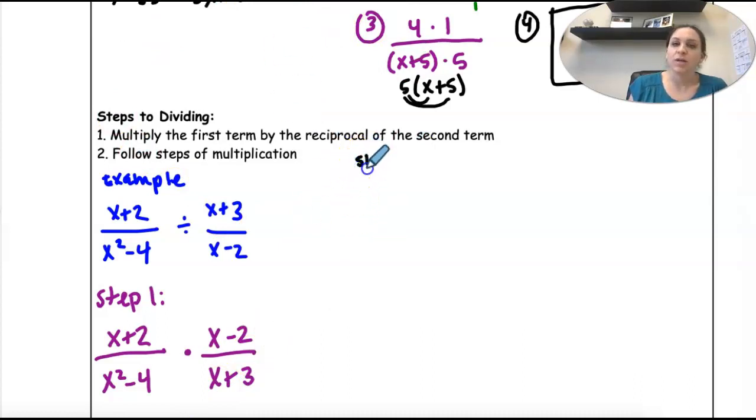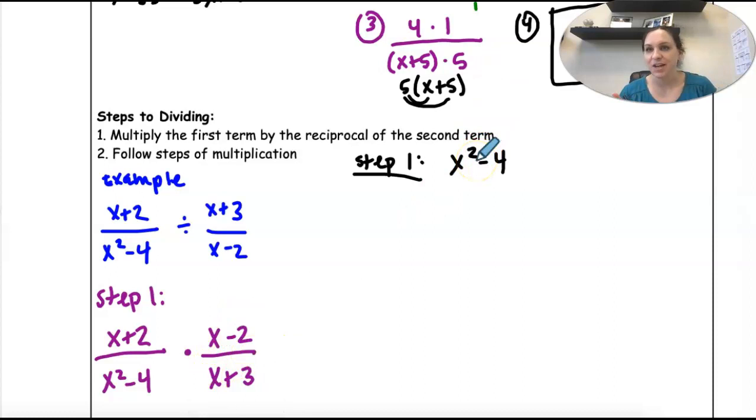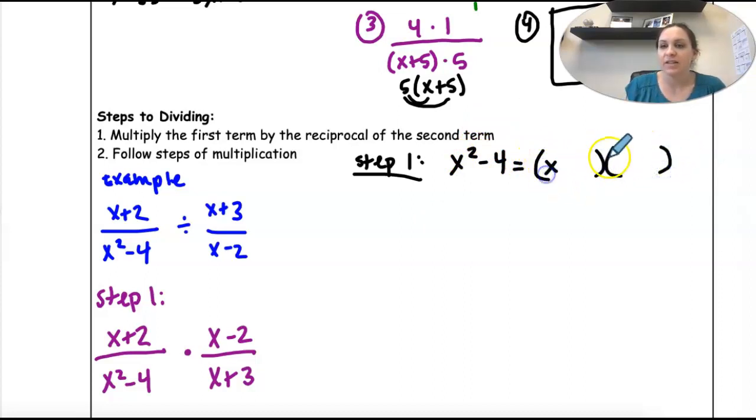So step 1, factor. This is the one that takes forever. X plus 2 is factored. X squared minus 4 is not. X minus 2 factored. X plus 3 factored. So we just have to factor one thing. Okay, it's x squared. That means I'm going to have 2 big parentheses with x and x.